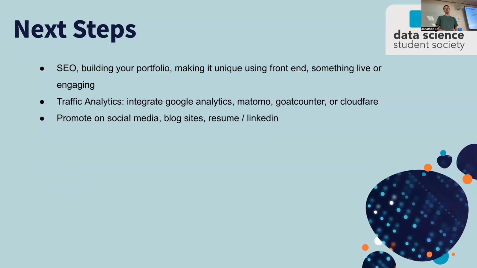GitHub Pages does not have a lot of support for this, so it's not really an option. But if you want to try other methods, that's something to look at on who's looking at your website. And obviously, you're doing all this work to set up a website. You want to publish it on your other channels and make yourself seen. So that's the next things to do after this.